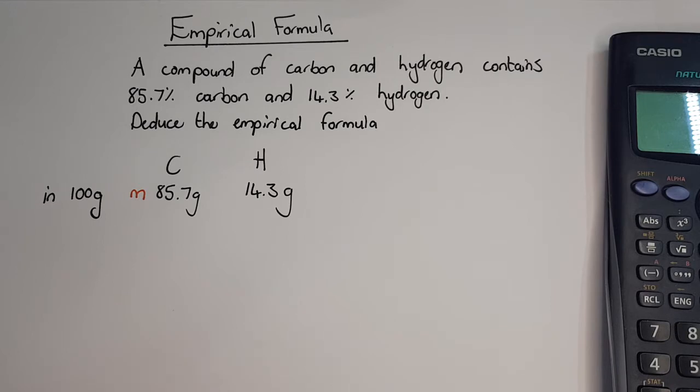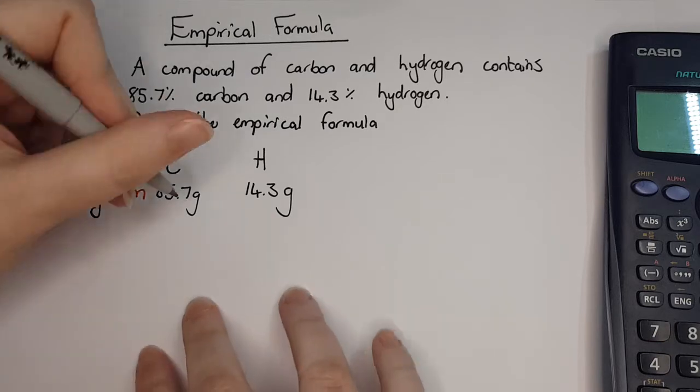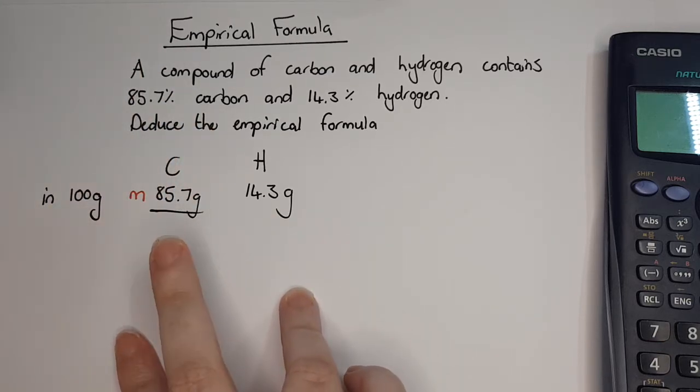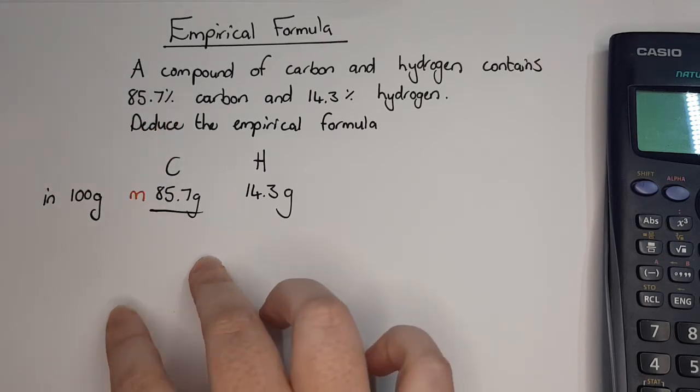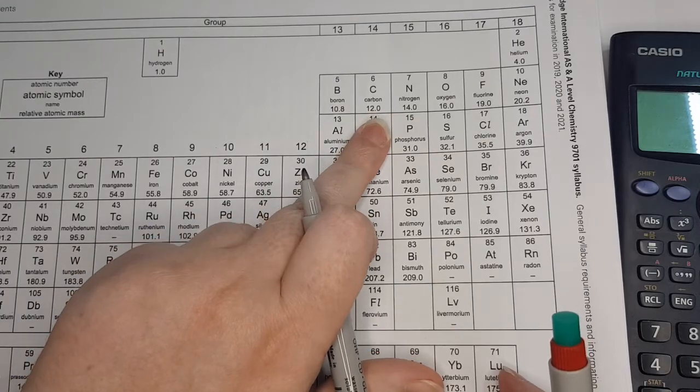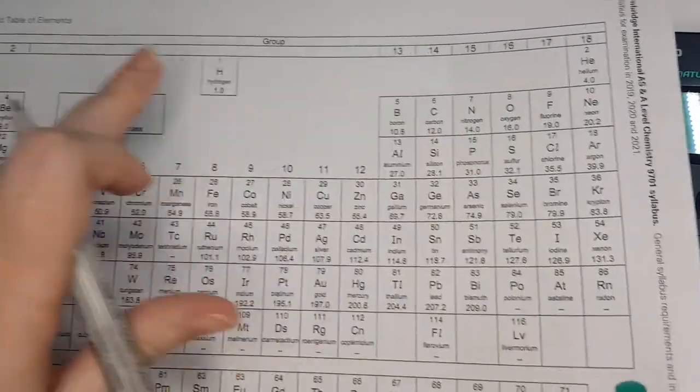So now I have a mass and I have a periodic table which will give me a molecular mass for each of those. So I can take this mass and I can divide it by the mass I find on the periodic table. So for carbon, if I look at my periodic table, carbon is 12 and hydrogen is 1.